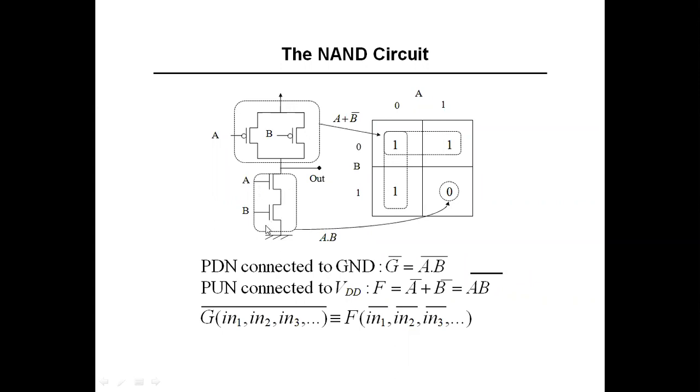So though it is a closed switch, it is nowhere connected to the output. Now who is connected to the output? This PMOS. So it will transfer that VDD towards the output, and you will get 1 as output. So this is about the NAND gate circuit.